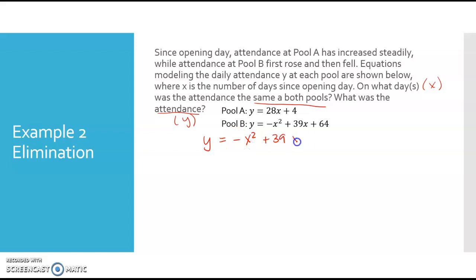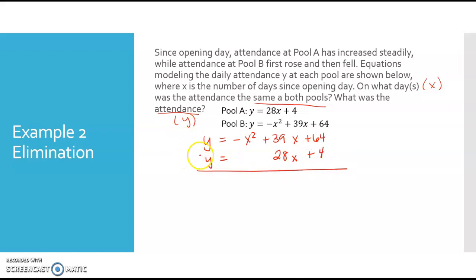Because I can't get rid of X easily without also having to create an X squared in my linear equation, which is impossible. So when we're doing a linear with a quadratic, we will always go for eliminating the Y.